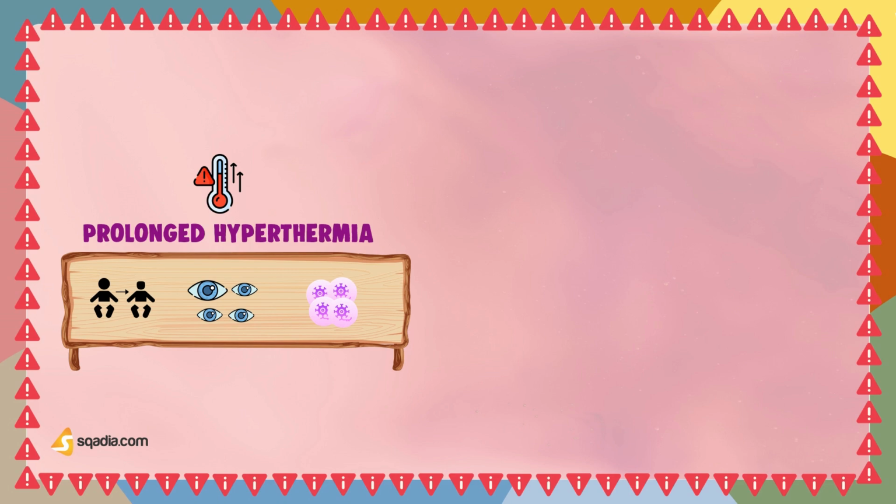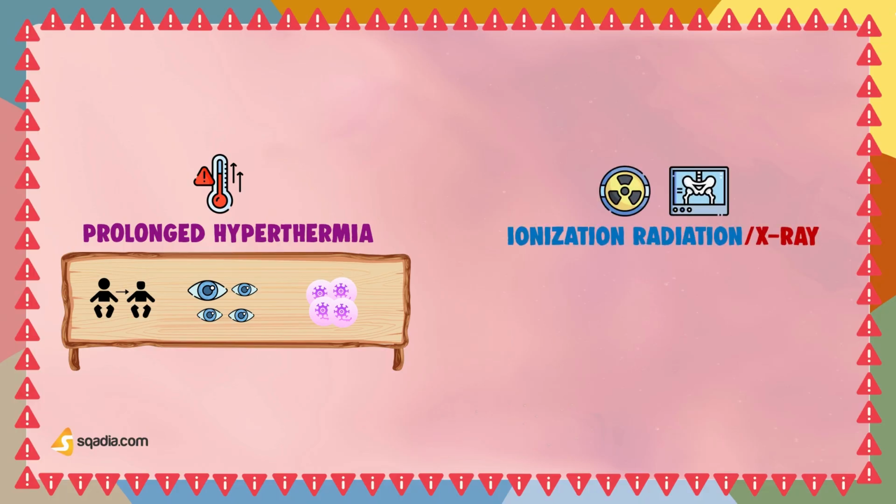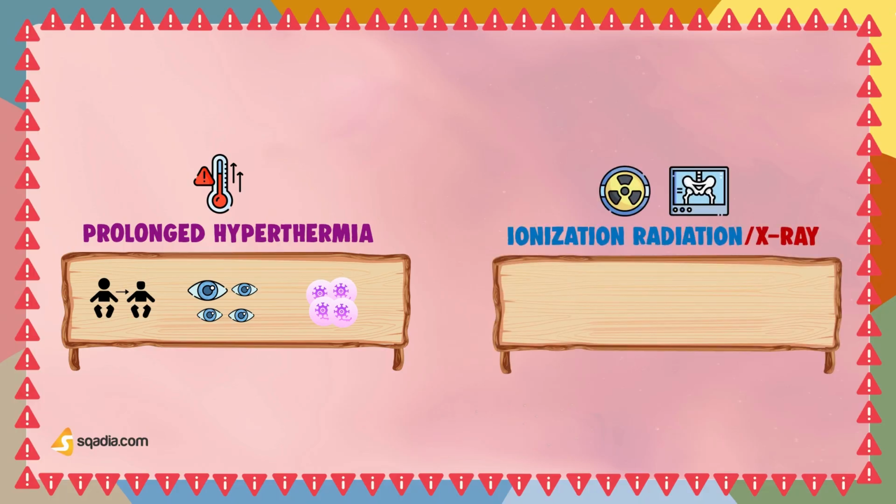Neuronal migration disorders are a group of birth defects caused by the abnormal migration of neurons or nerve cells in the developing brain and nervous system. And ionizing radiation and X-rays in large doses can cause microcephaly and ocular defects. Radiation also has mutagenic and carcinogenic effects.